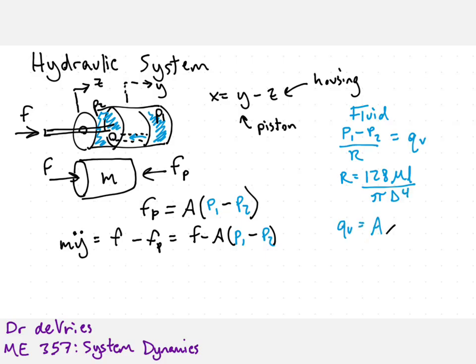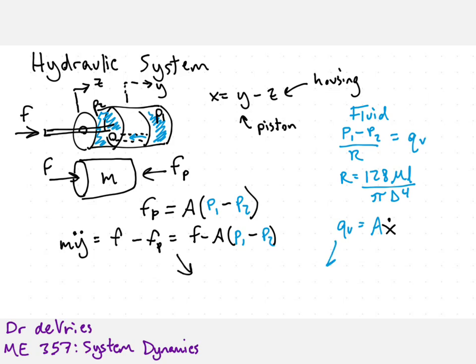And we calculated that before. It's just going to be a function of the viscosity of the fluid, the length of the pipe, the diameter of the pipe, and our volumetric flow rate is equal to the area times the velocity of the mass, x dot.